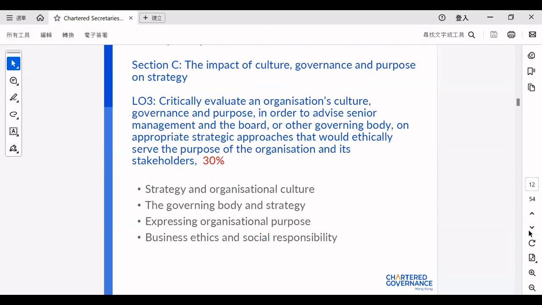Now, learning outcome C, or section C, is by far the most heavy part of the essay. They cover a lot of things. As I've said earlier, it's about culture, leadership, governance, and the purpose of the organization.